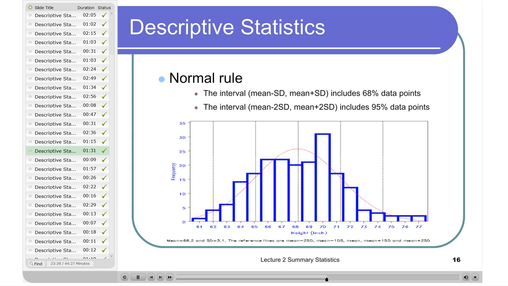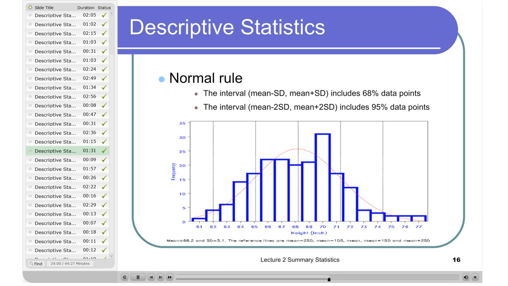So this normal rule predicts that about 68% of the data will be between the line located at 65 and the line located at 71. If you actually count it up, about 151 observations are in that range, and there are 200 total observations, so about 76% are in that range.